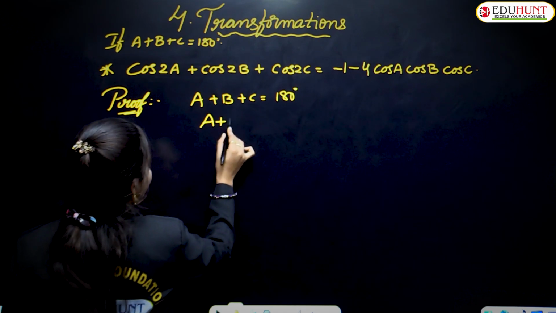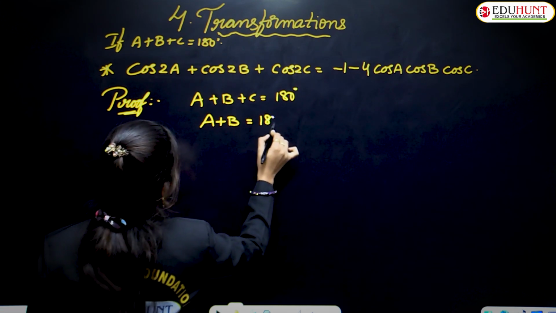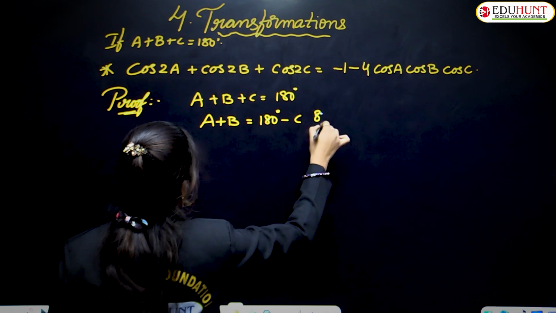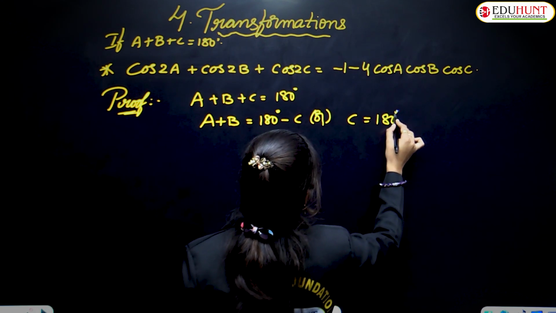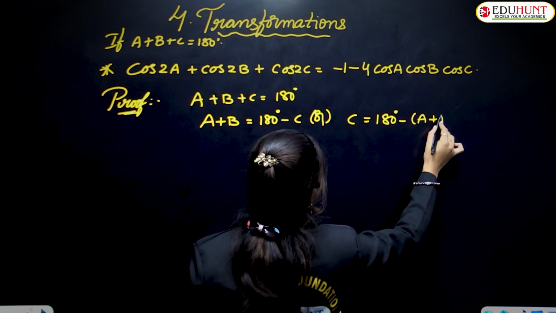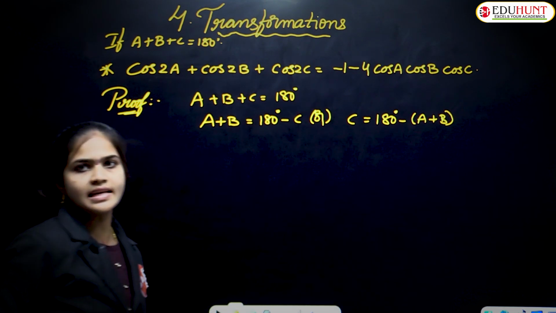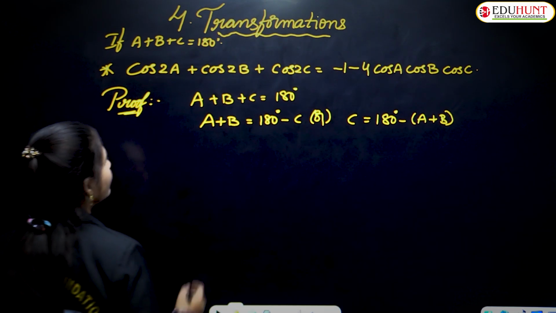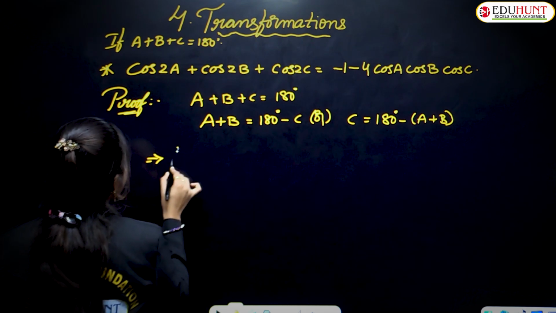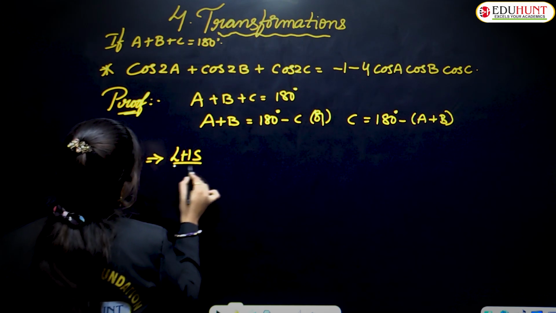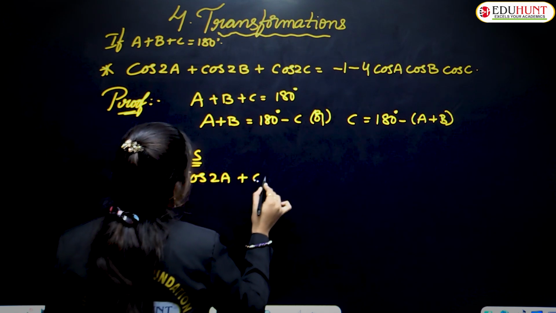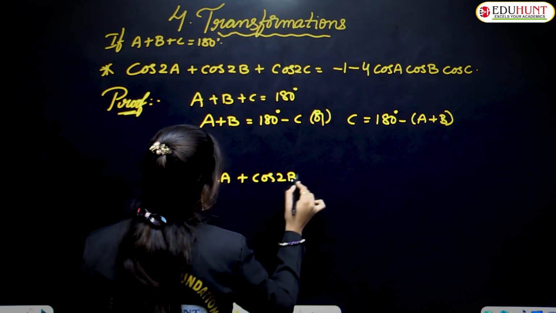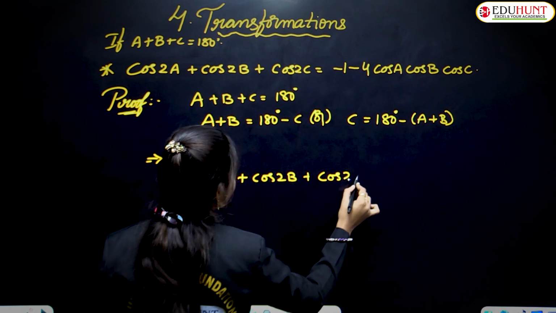From this we can write that a plus b is equal to 180 degrees minus c, or c is equal to 180 degrees minus of a plus b. In these two cases anything we can write, no? So here, take the LHS. What is the LHS? Cos 2a plus cos 2b plus cos 2c.